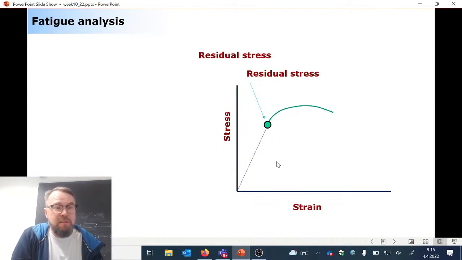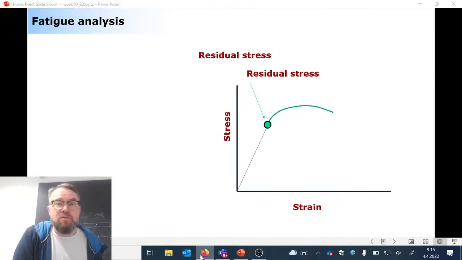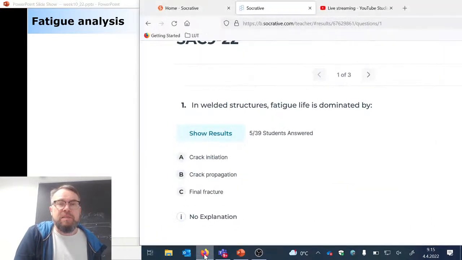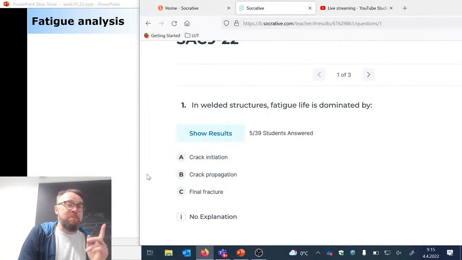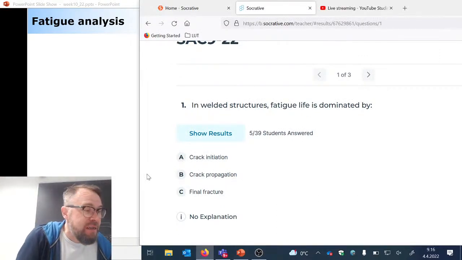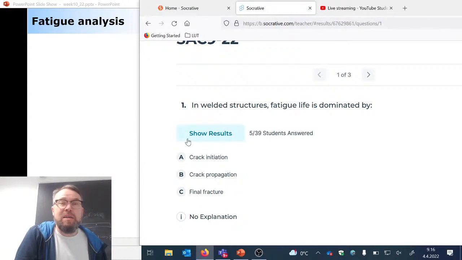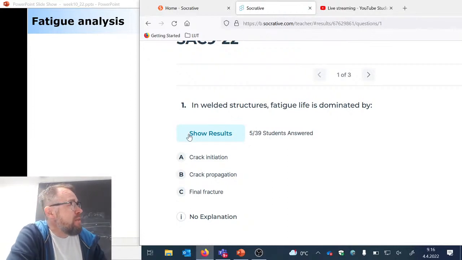And now let me take myself back to Socrates. Where is it now? This one here. 5 answers. I'm going to close this. If this is 100%, it is not accounted, because we have too few participants. The threshold value for us is 10 participants. It has to be more than 10.